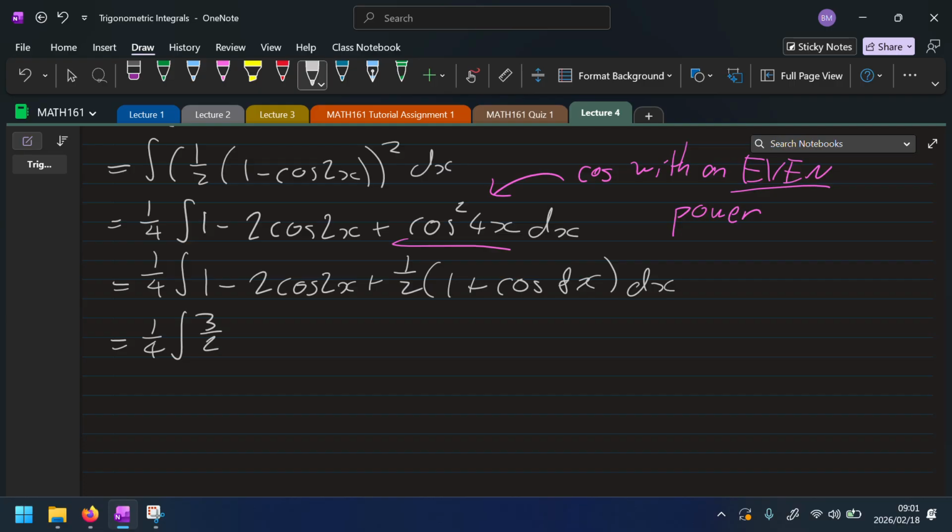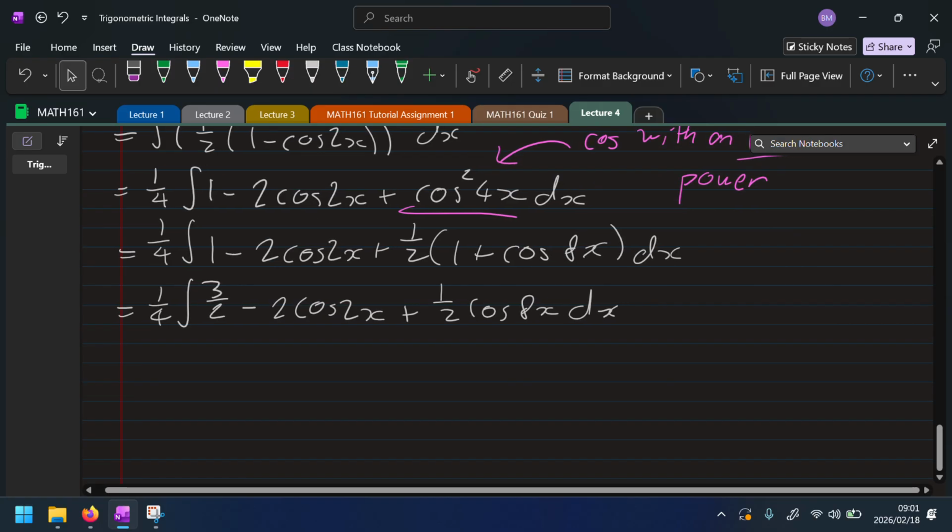Just checking you haven't fallen asleep yet. Then we have minus 2 cos 2x. And then the half and the cos 8x we can put at the end. Okay, so everything's written out nicely. We can just do the integration and then we're done.